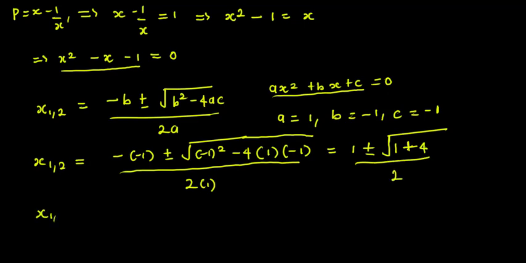So we have that x1, x2 is going to be 1 plus or minus √5 over 2.